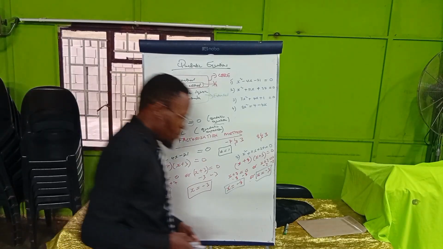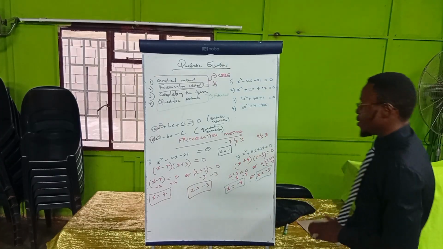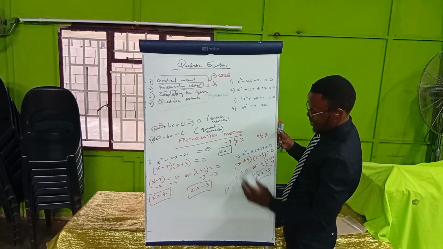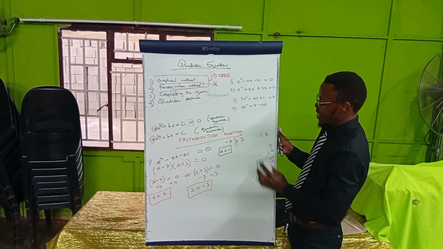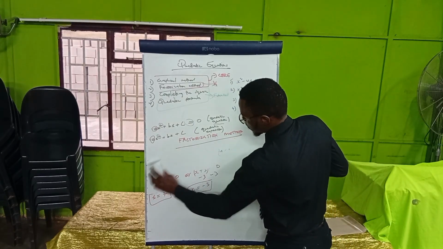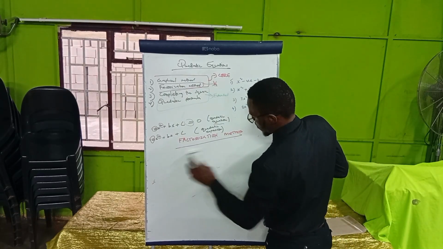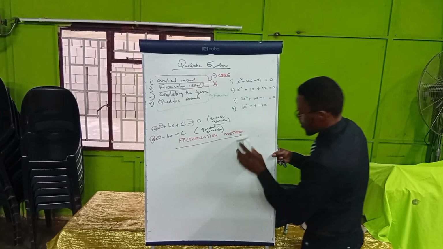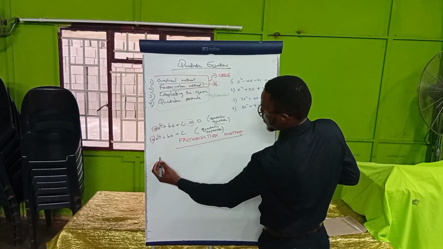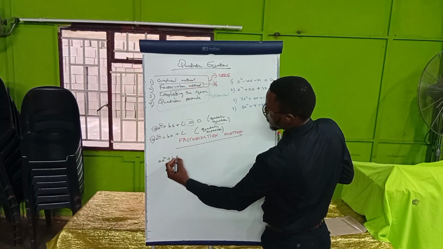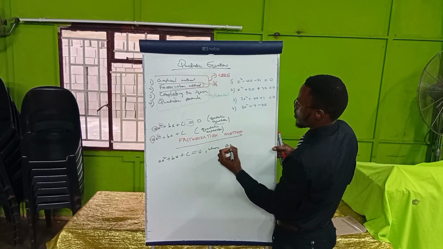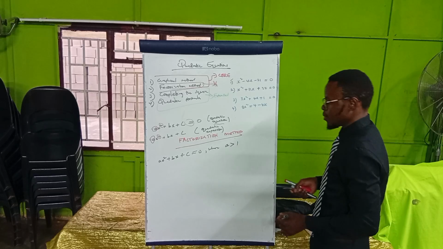Now let's make it a bit more interesting and look at a case where the value of a in that quadratic equation is greater than 1. So this would be a case where, when solving ax squared plus bx plus c equals 0, a is greater than 1.